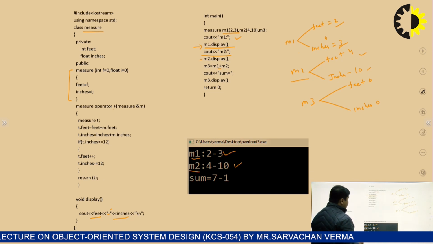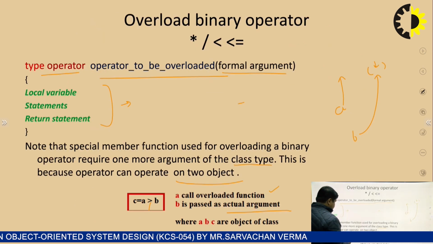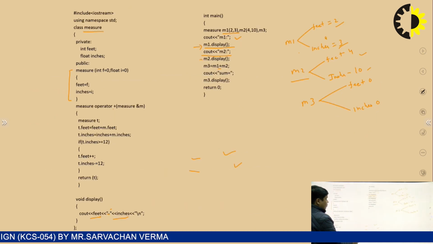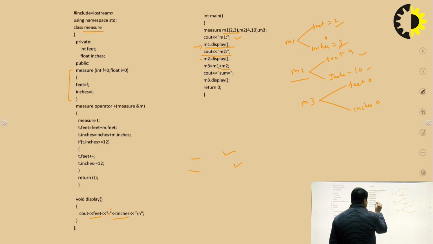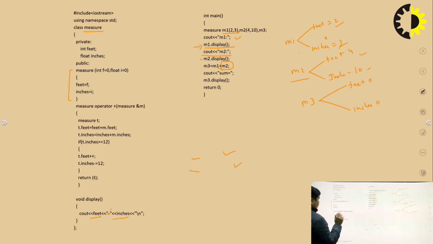As I already said, A is the calling function and B is passed as an actual argument. In that case, the values of fit and inch will be supplied in the case of object M2, because this is the calling function.